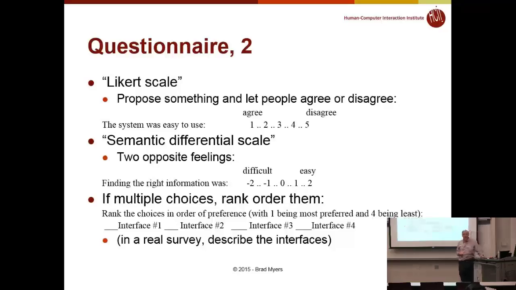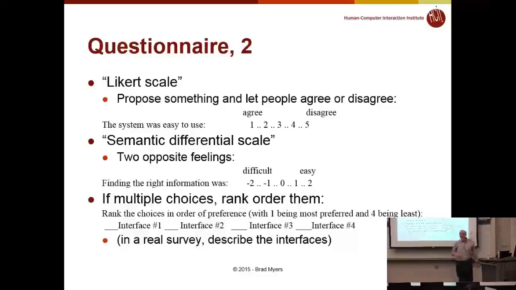So one good way to design questions is to use the Likert scale or the semantic differential scale. Both of those are usually pretty clear. The idea is that you propose something and let people agree or disagree. Like, the system was easy to use. Agree, 1, 2, 3, 4, 5, disagree. Right?